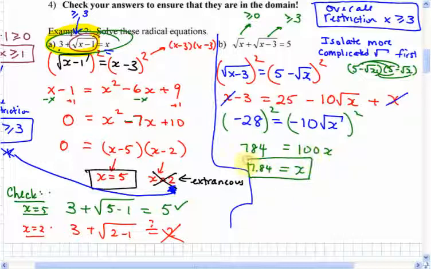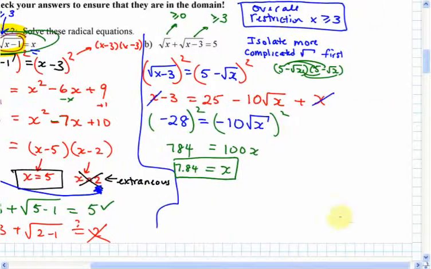Now, some of you might be thinking, Mr. Lee, I don't like those big numbers. So if you don't like big numbers, someone else might have said, Mr. Lee, I thought you said we should isolate the square root. You didn't isolate the square root. There's this negative 10 here. Okay, I'll isolate the square root now.